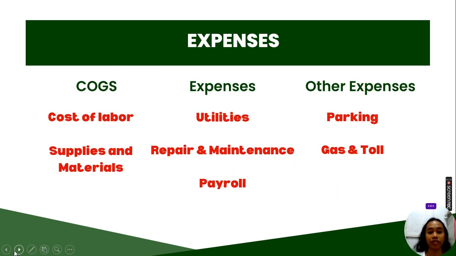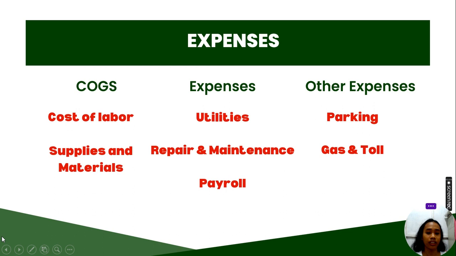And the expenses are classified into three account types. We have the cost of goods sold, that includes the cost of labor, supplies, and materials in creating the product. Expenses, these are commonly used: the utilities, repair and maintenance, as well as the payroll. And other expenses, these are the parking, gas, and toll.